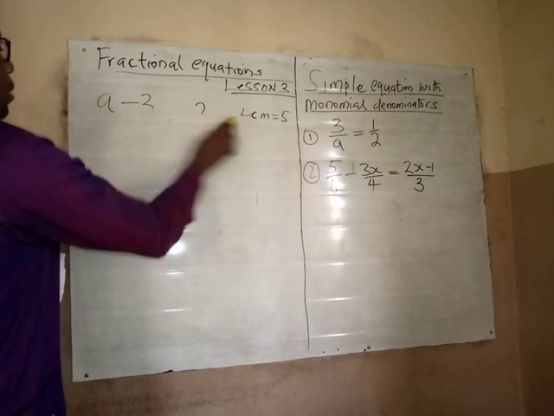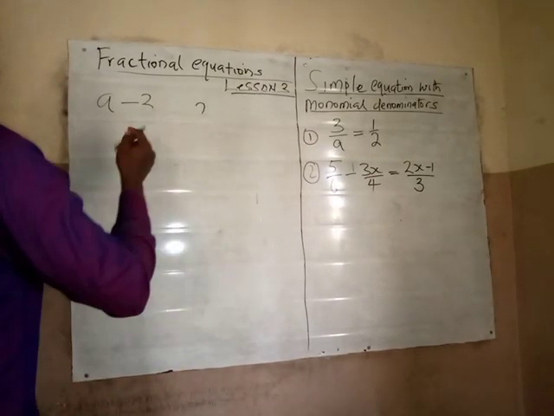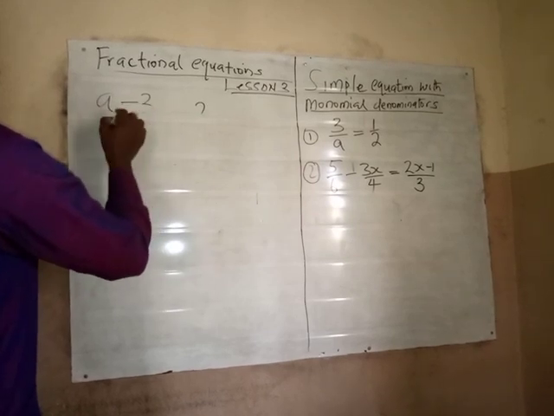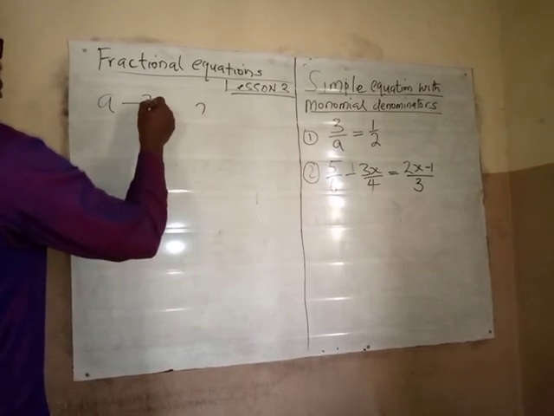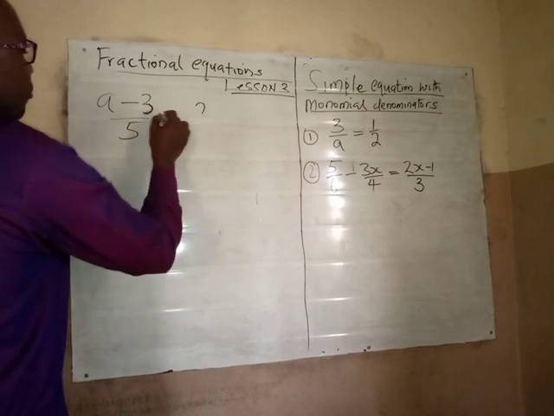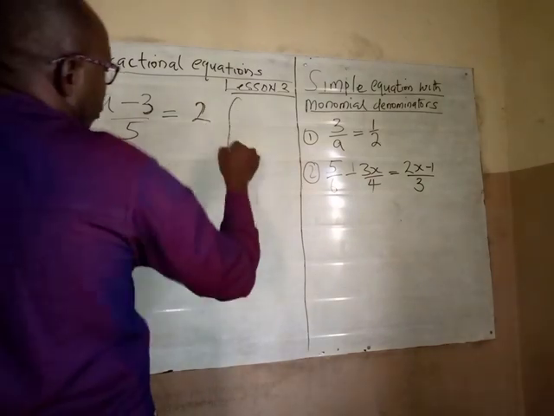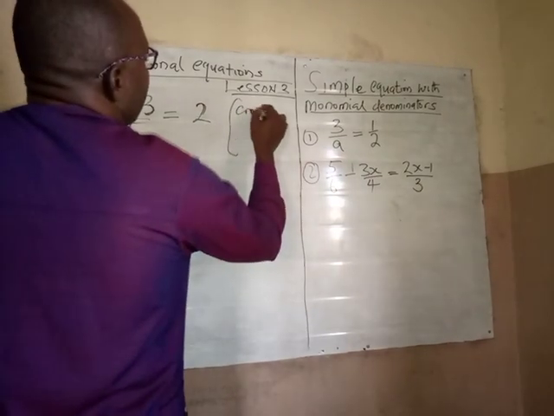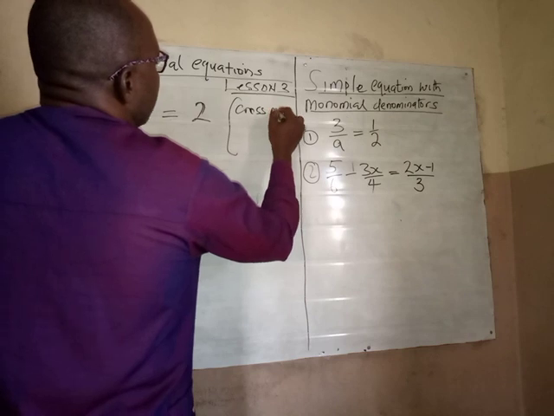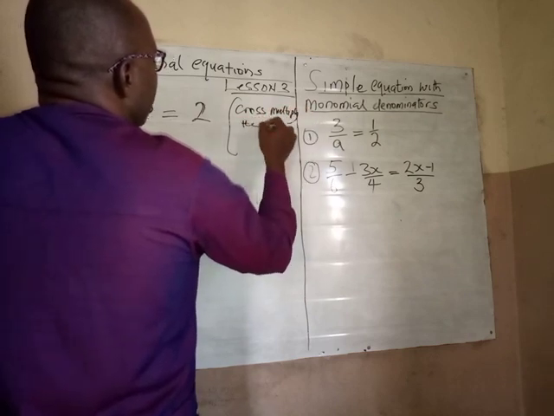If we use the cross multiplication method, we have a minus 3 over 5 equals 2, and at this juncture we cross multiply the equation.